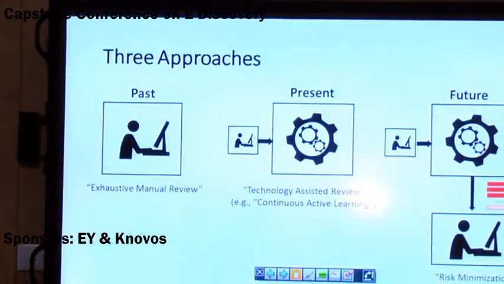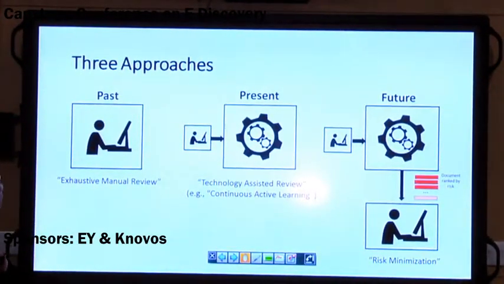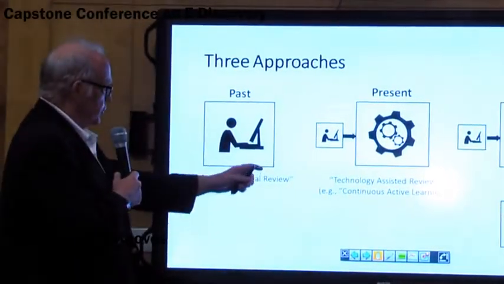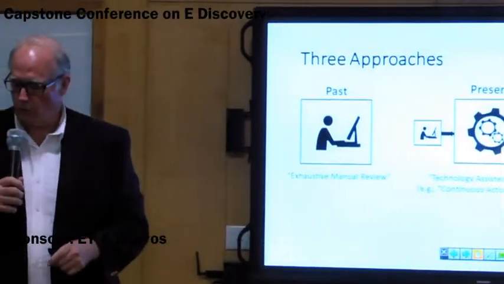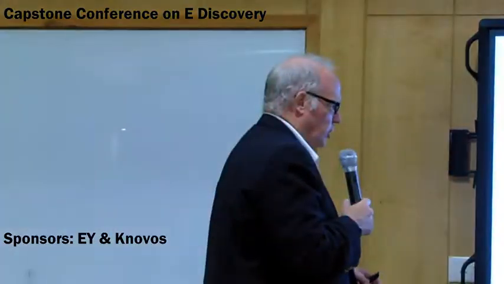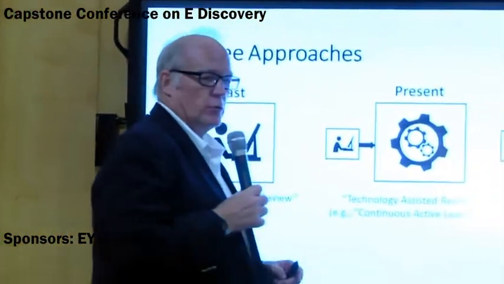So this was the first of the approaches. This was the lawyer in the box, the old style approach, which we called exhaustive manual review. You might call it exhausting manual review, but you simply look at everything. Here we have some machine that will do the review.